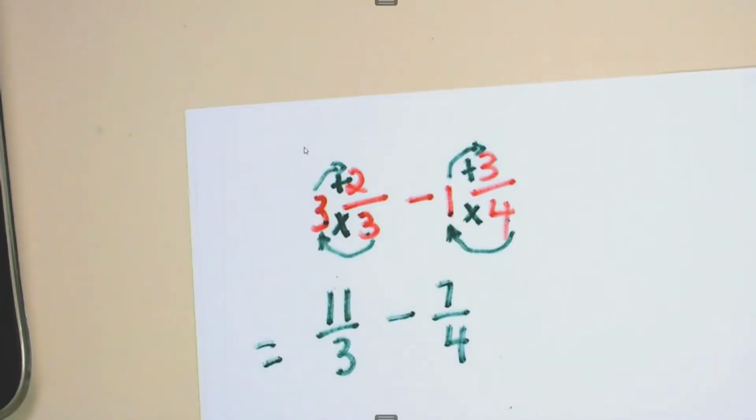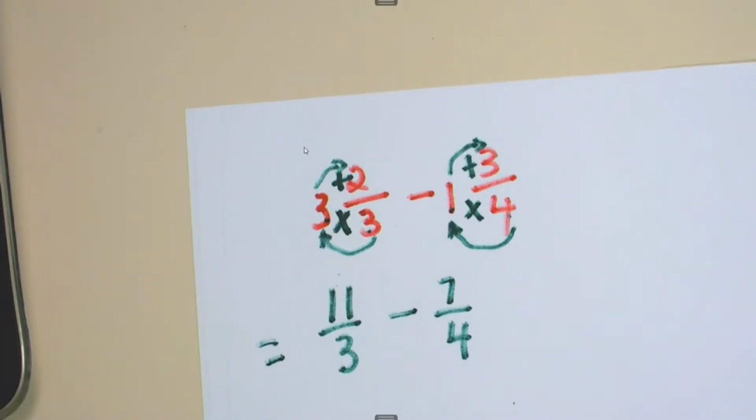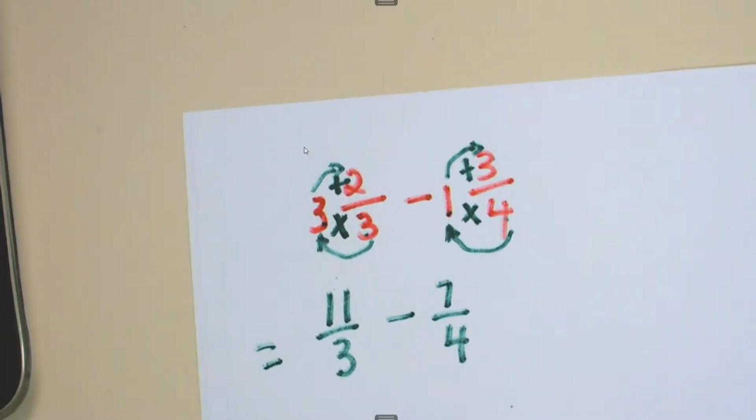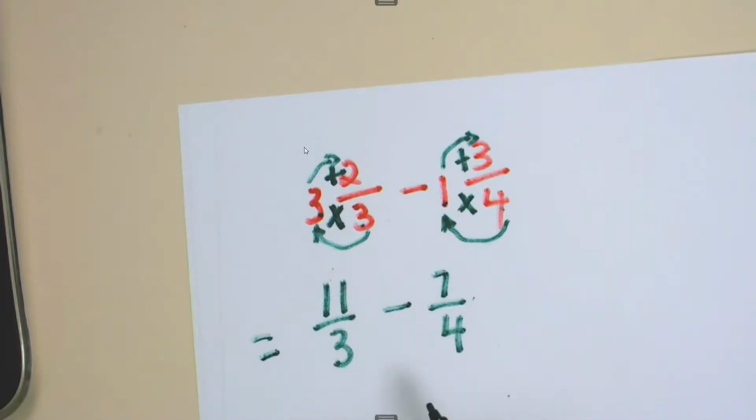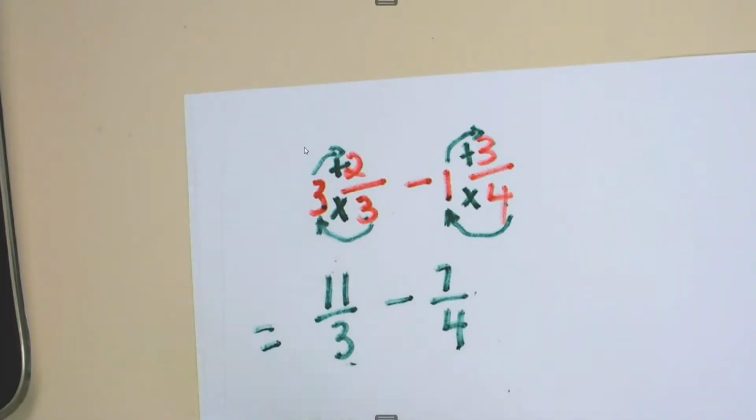Remember, we worked it out mentally. Hence, we've got our mental maths skills since grade 4, 5, and 6. Now it becomes easier for us to just multiply the numbers and add at the same time. Right. Now, remember, can we subtract these two numerators? No. Why? Denominators are not the same.